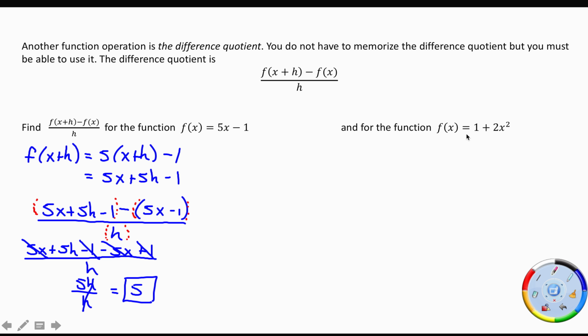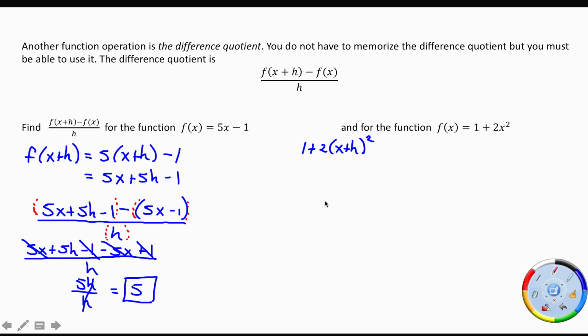All right, let's try it one more time. This time, instead of doing this piece separately, I'm just going to immediately put everything in my difference quotient. Okay, remember what f of x plus h means. I'm going to write this, except instead of x, I'm going to write x plus h.